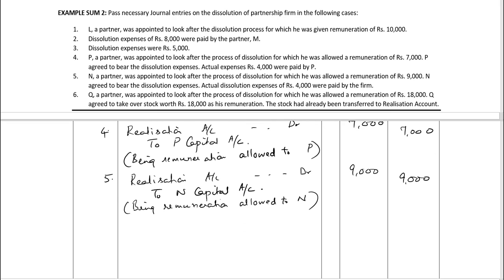The next part of the question, actual dissolution expenses of rupees 4,000 was to be borne by the partner N, but it was actually paid by the firm. So expenses borne by partner paid by firm is N capital account debit to bank account.